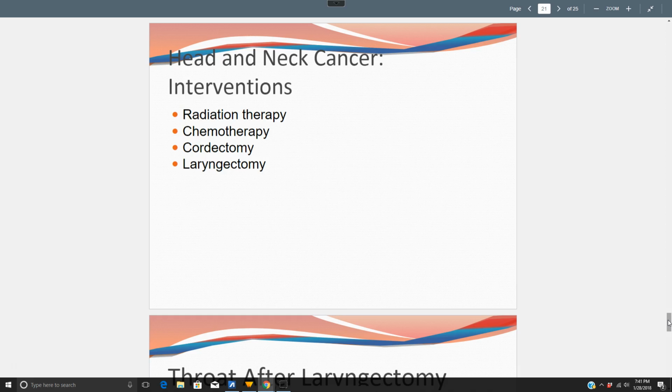We're just talking about the potential of developing cancer in these areas, because this is the upper airway structures that we're talking about.